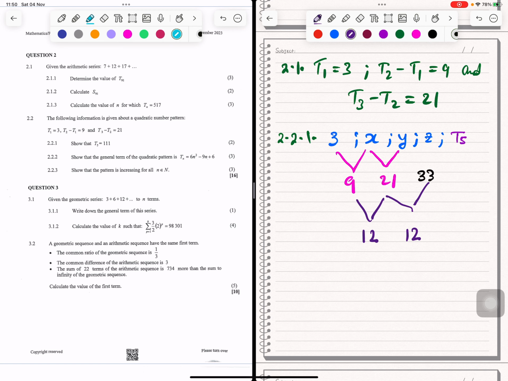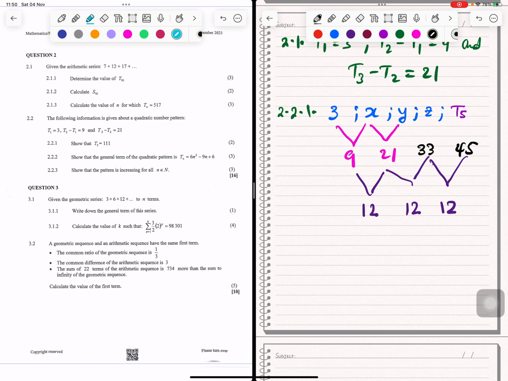Now, be very careful because the difference between this term and the term that is here is still going to be constant. Remember, the second difference has to be constant. It must be the same. Now, if you want to get the term that comes after 33, you need to add 12 to it. So 33 plus 12, you are going to get 45. Okay, that's how you will analyze that.